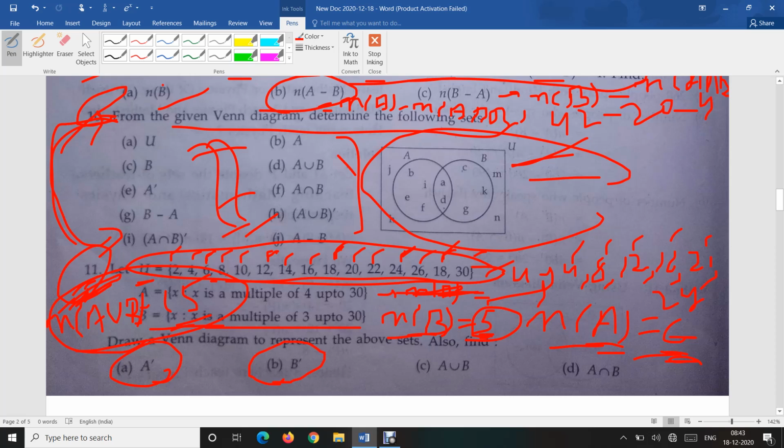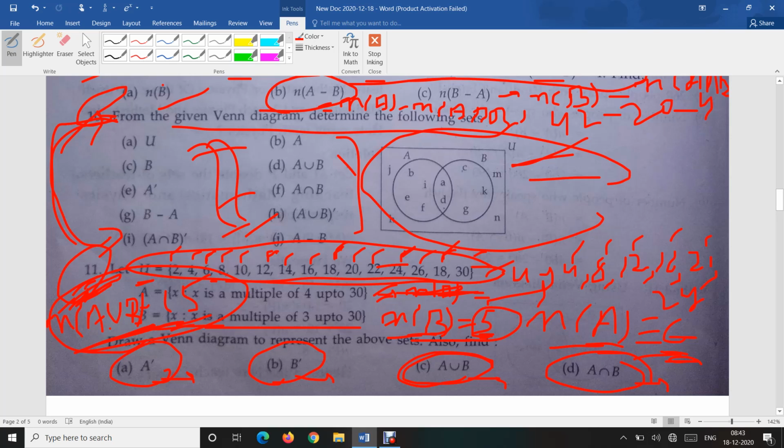Similarly, you can find B complement. A union B you can find easily. A intersection B also you can find easily, because all these are given and also the elements are given. Now see, after finding the elements, you have to just count the number of elements in each set.